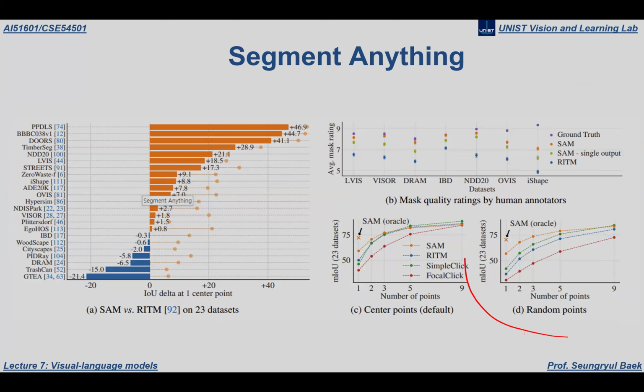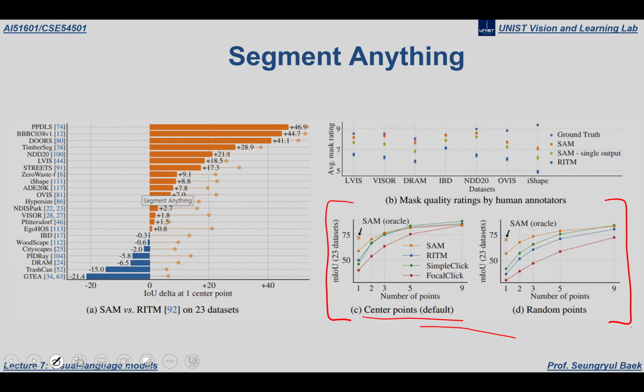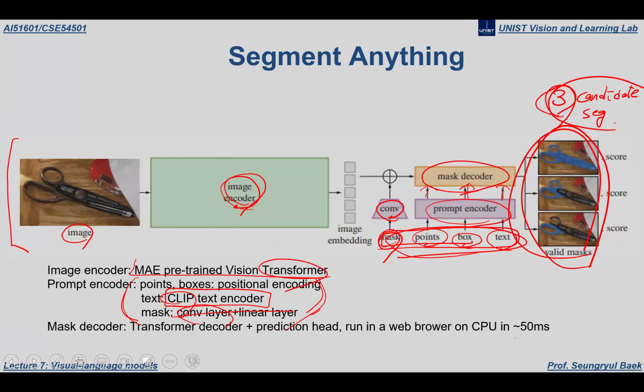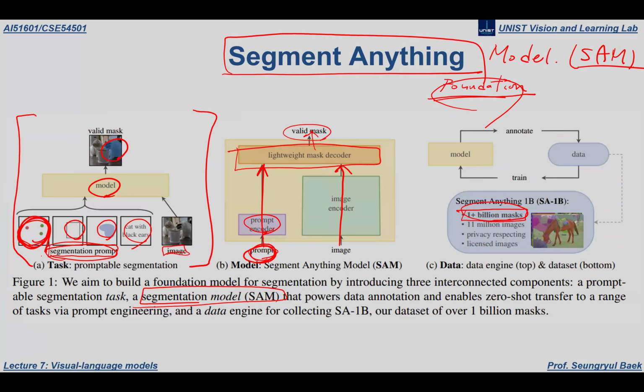So here, that explains why they use 3 candidates. This is showing how many points. I mentioned previously that we can give some initial point as the prompt.